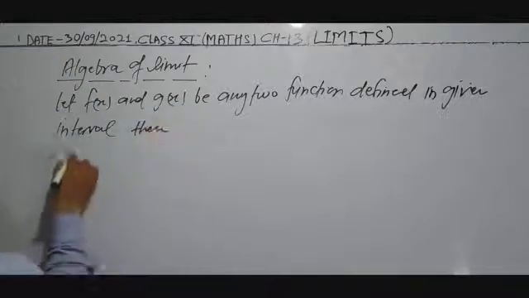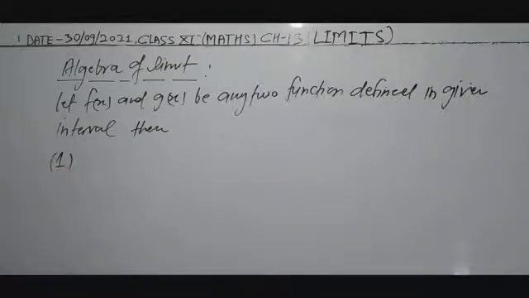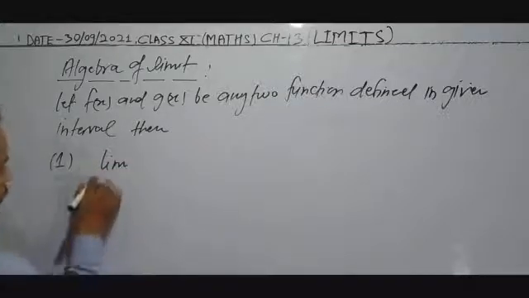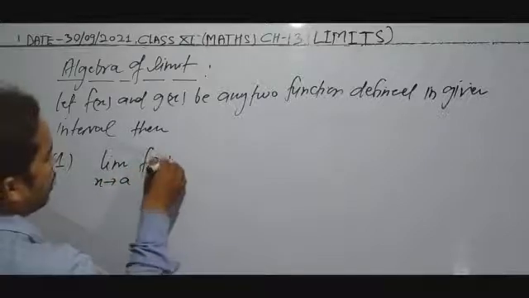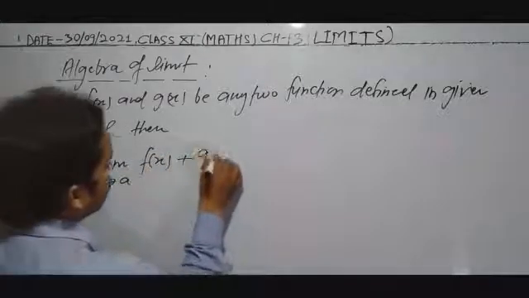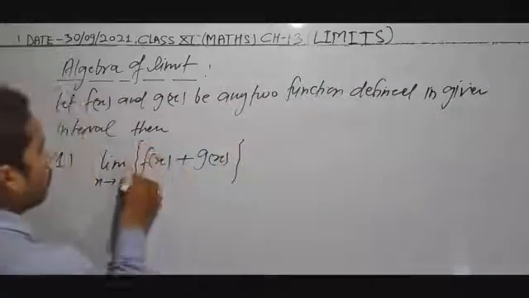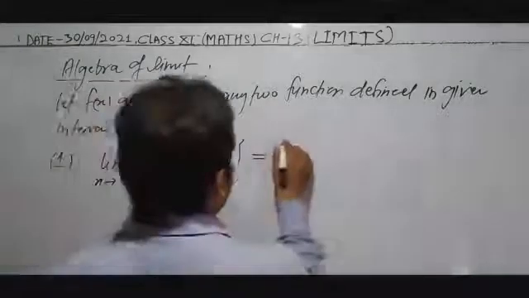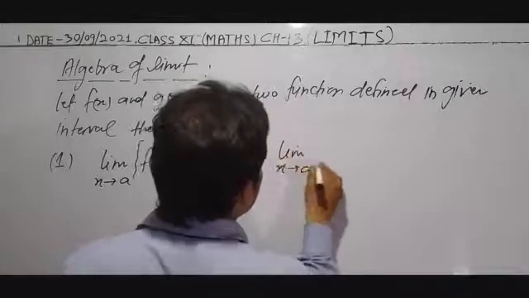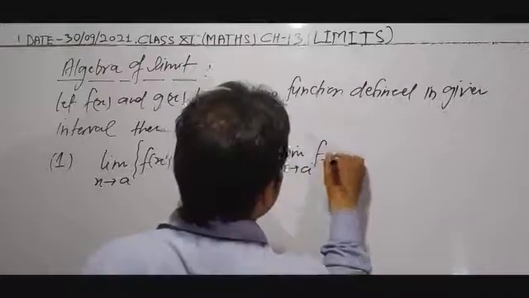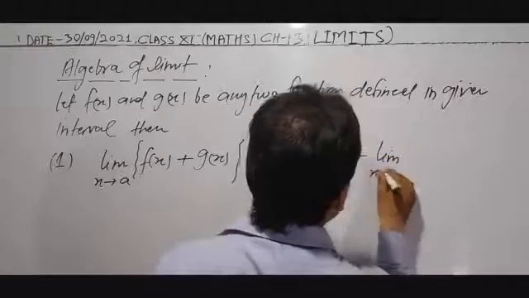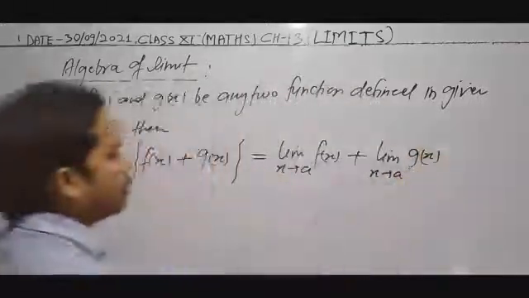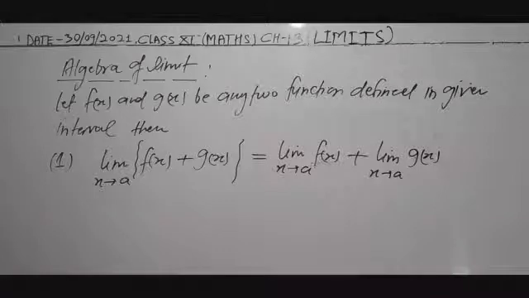first part, limit x tends to a of f(x) plus g(x) is equal to the sum of the limits. The limit of the sum of two functions is always equal to the sum of their limits.